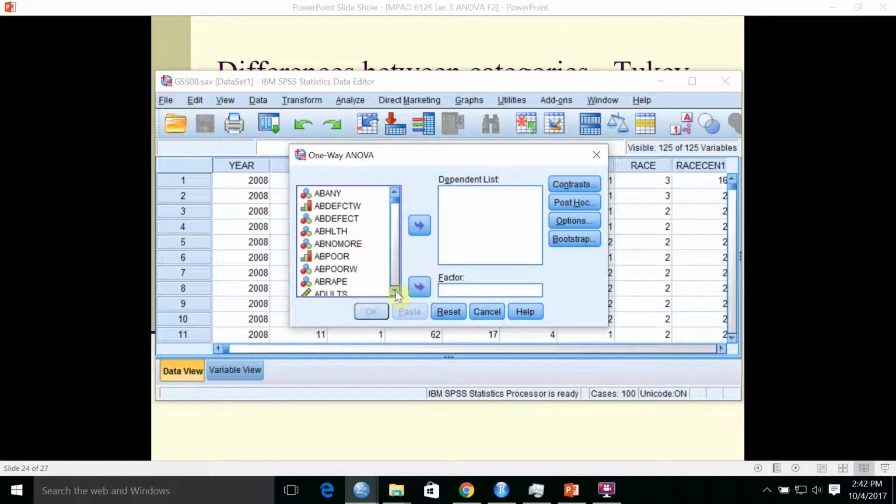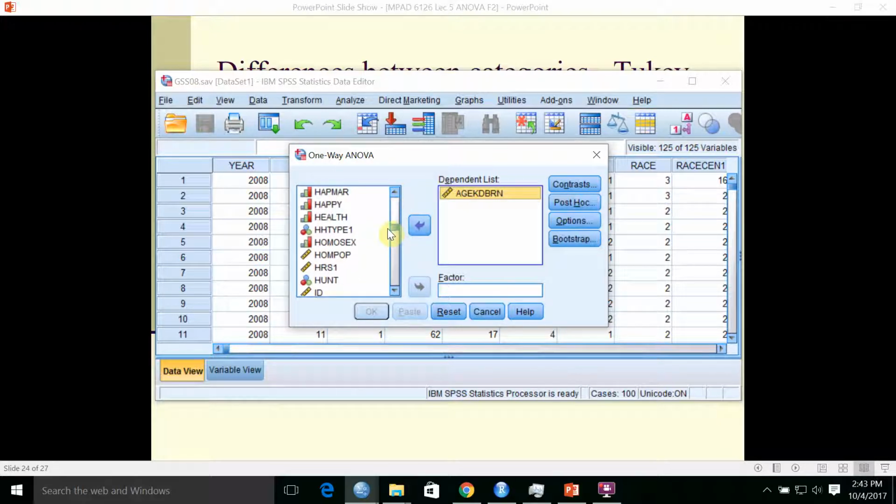Age KD born. That is our dependent variable. So that's the age when they had their first kid. And then the factor is the highest degree that they have.